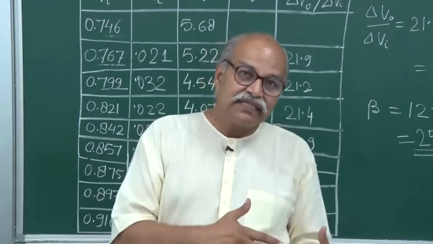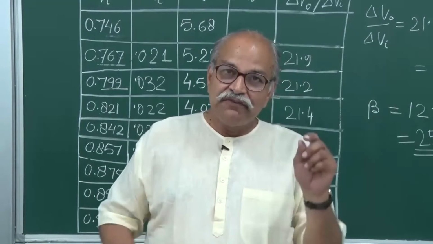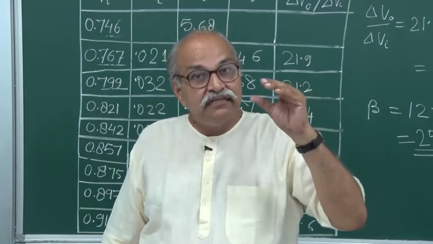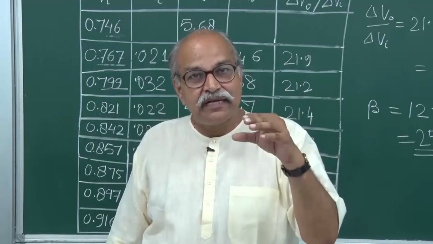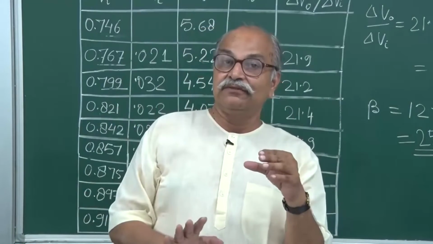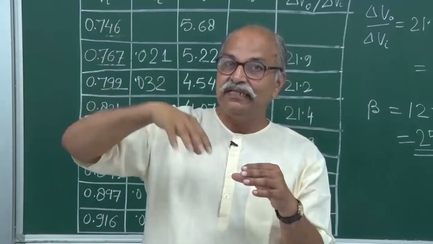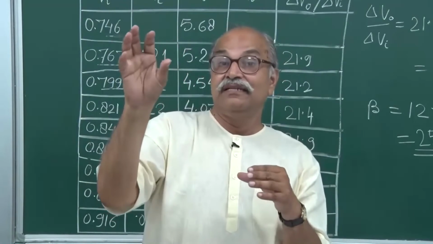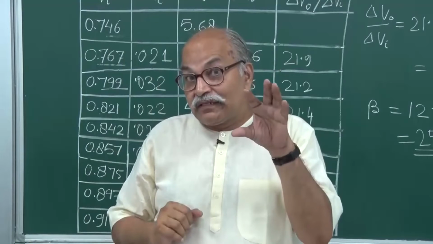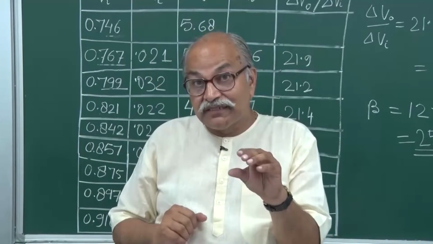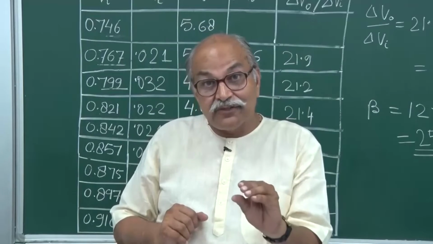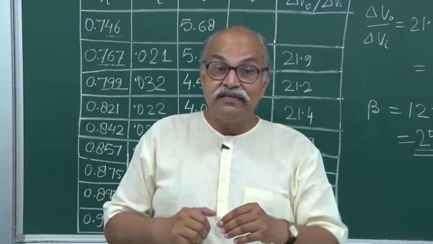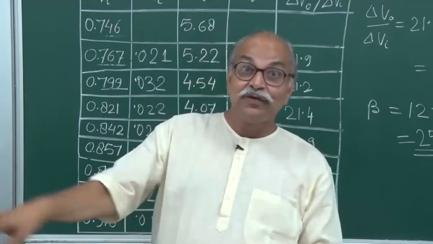You have already seen the cutoff region and the saturation region. So if somehow I decrease my VBB, the biasing voltage that I am applying on the input side, the transistor will go into the cutoff region. In cutoff region there are no currents anywhere, and at the output you have the full battery voltage VCC that appears there. So decrease this VBB to a small value, and you have a large output there, and then increase this so that it goes into saturation.